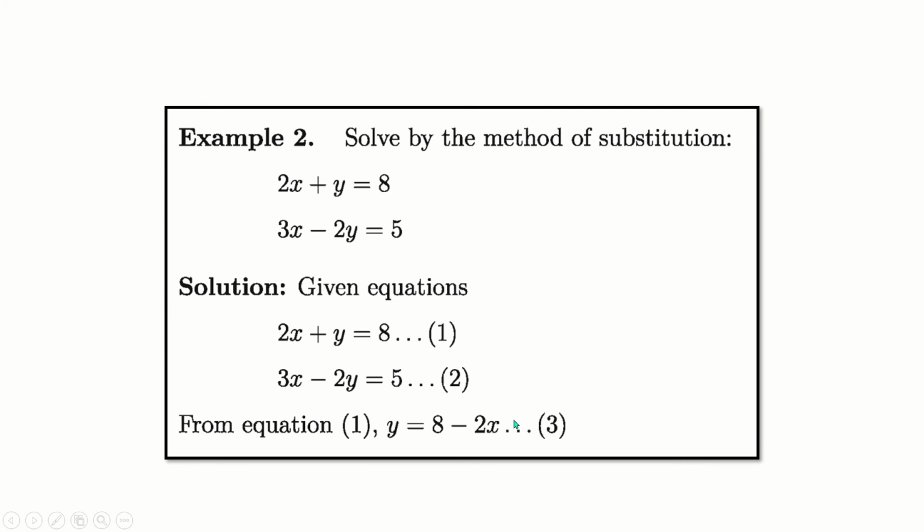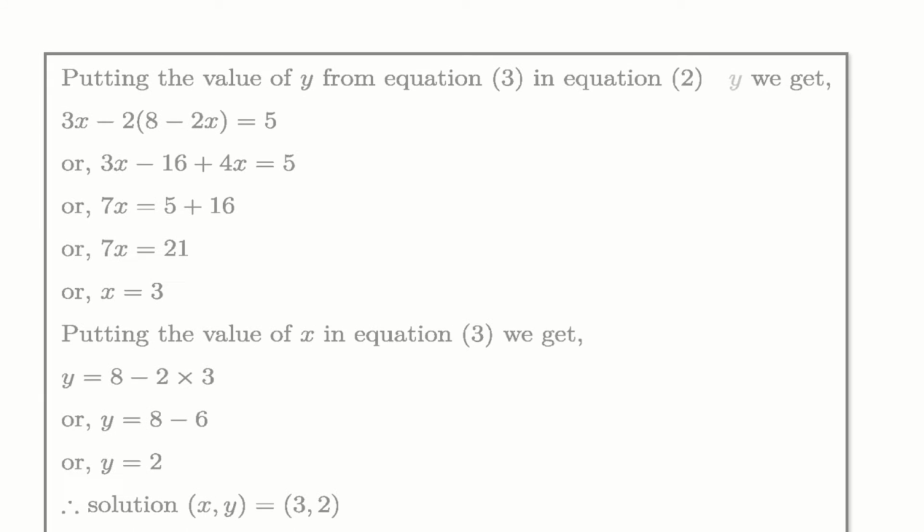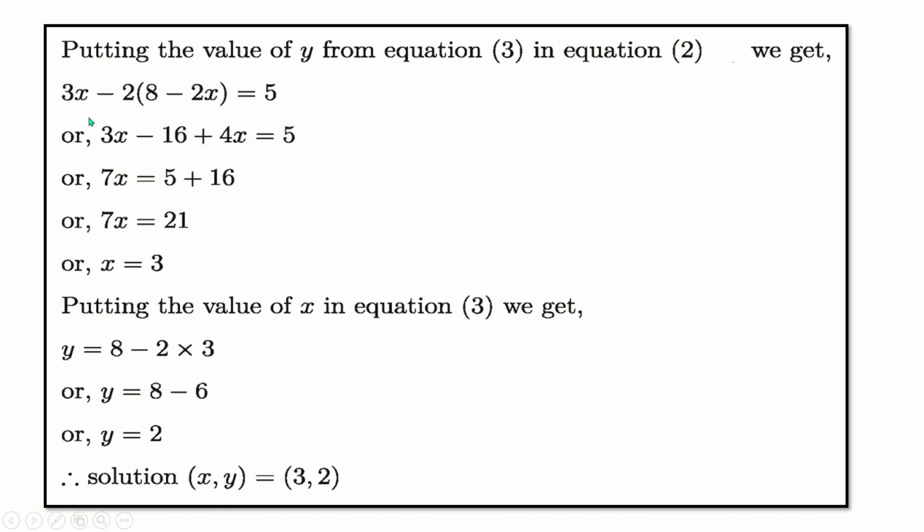Now putting the value of y from 3 into equation 2, as a result we'll get 3x minus 2 into (8 minus 2x) equal to 5.